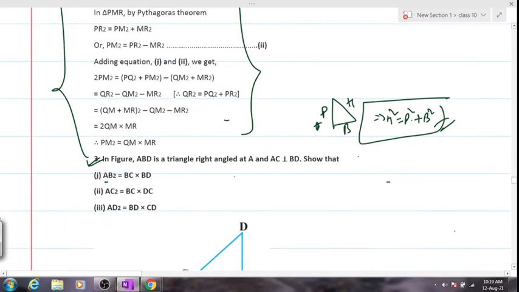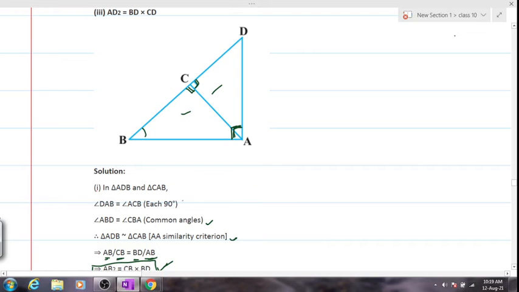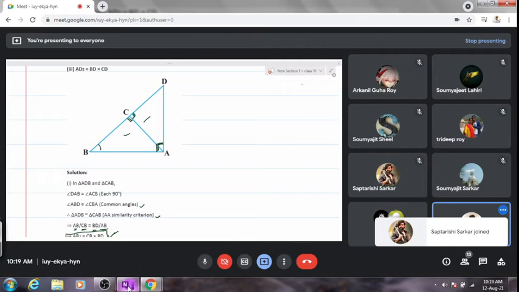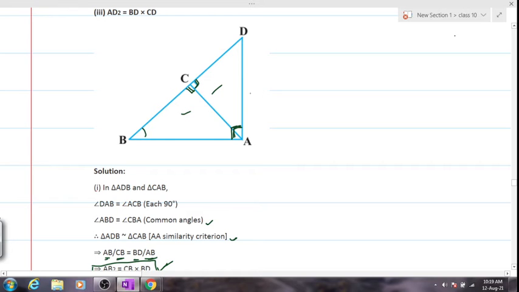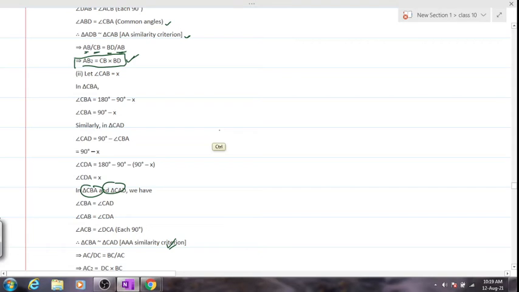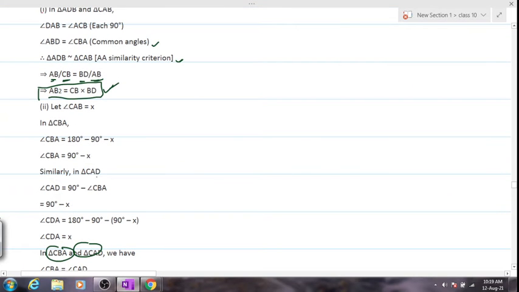It's your wish altogether. Clear? You can either do it the way we did using Pythagoras theorem, or the way they have done out here. CAB will be 90 minus X, CBA will be 90 minus X, and CAD will also be 90 minus X.